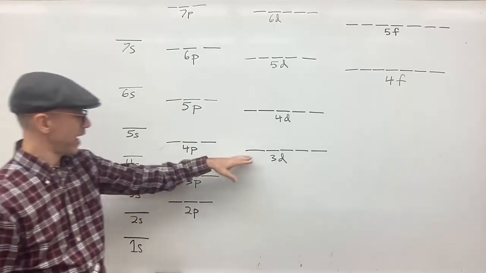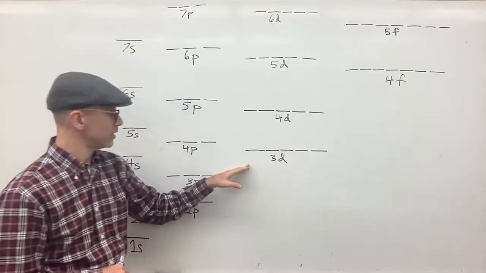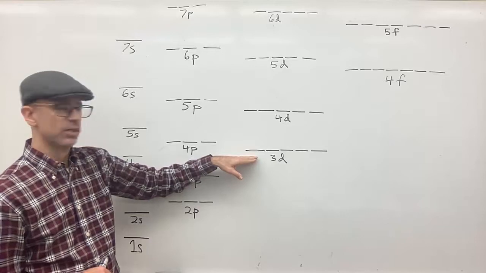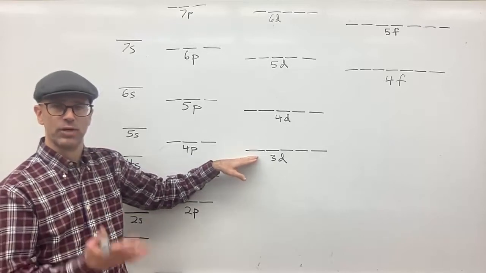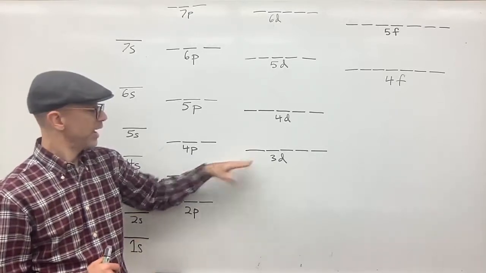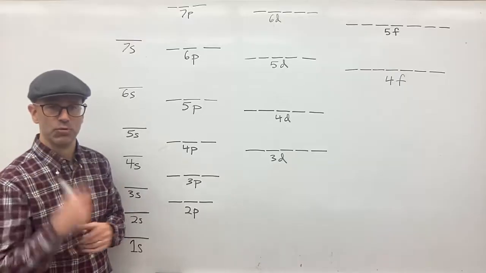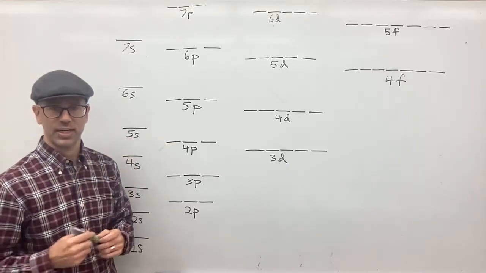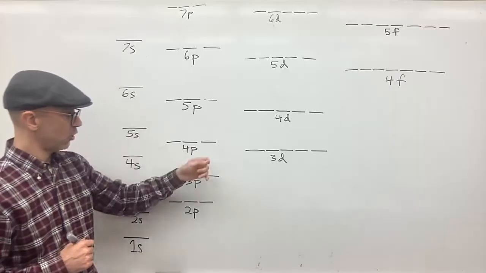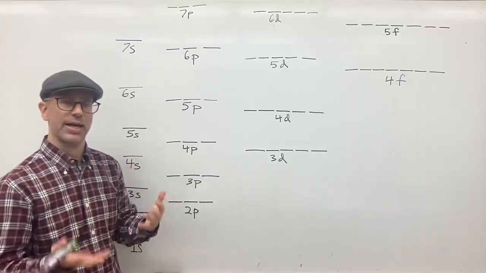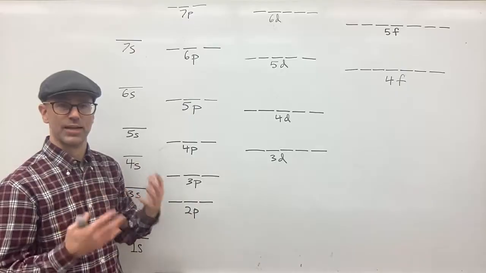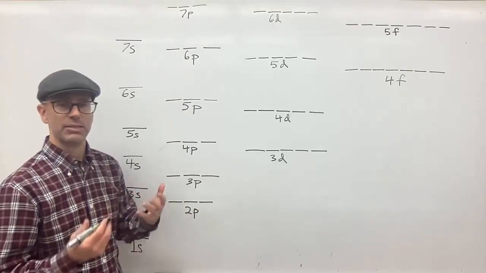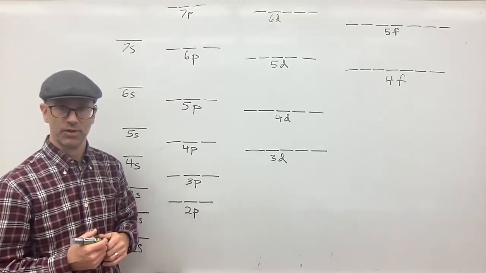So here we have the D suite, and in the D suite, there are 5 rooms that you can occupy. And there's a maximum of 2 people per room, right? So let's imagine there are 2 beds in each room. So you can house a maximum of only 2 roommates.